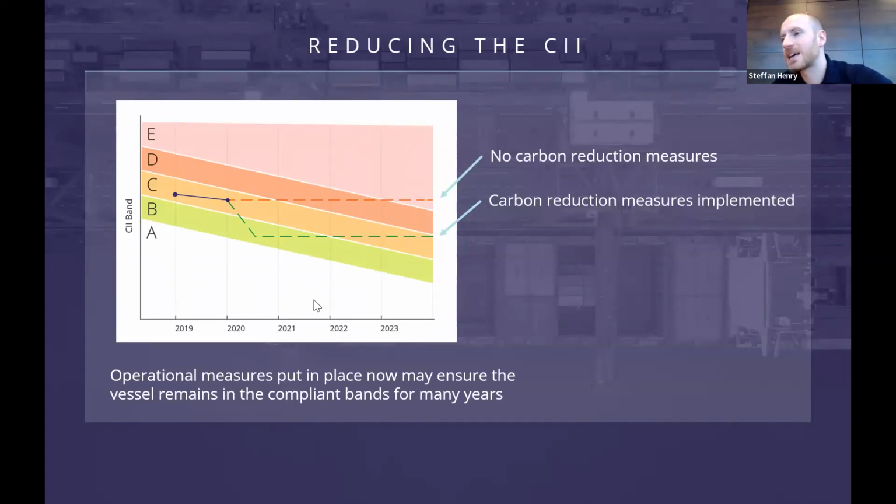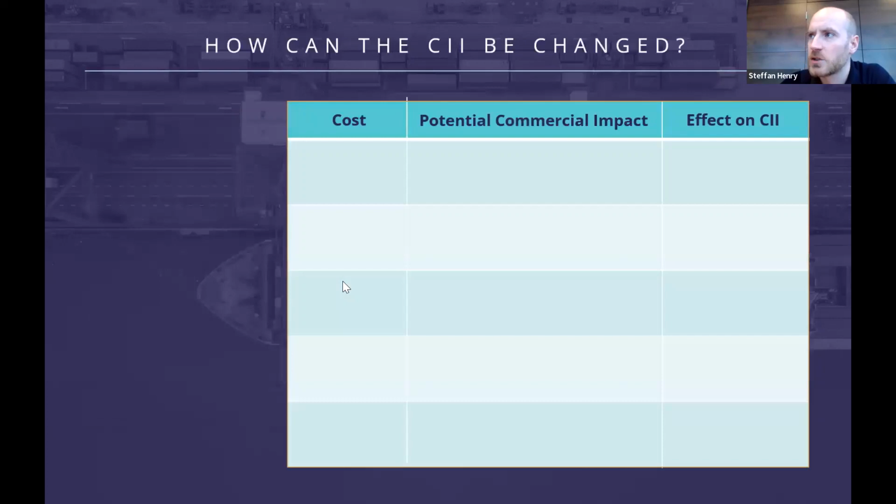So how can a vessel actually reduce this CII score? Well, the CII score is effectively based on your fuel consumption. So to improve your vessel CII score, you've got to improve your fuel consumption, and you've got to do this in an operational way. So you've got to operate in a way that increases your vessel's efficiency, which can be done in a range of different ways, but the most impactful of which would be slowing down and effectively using less fuel in the main engine.